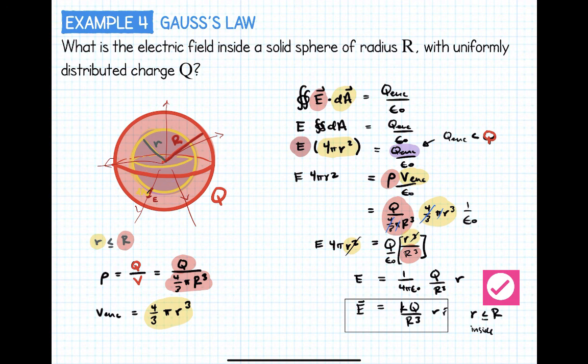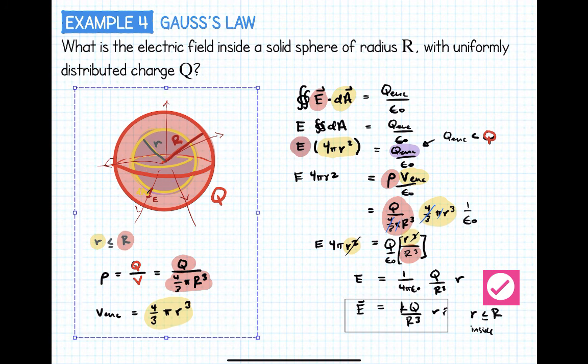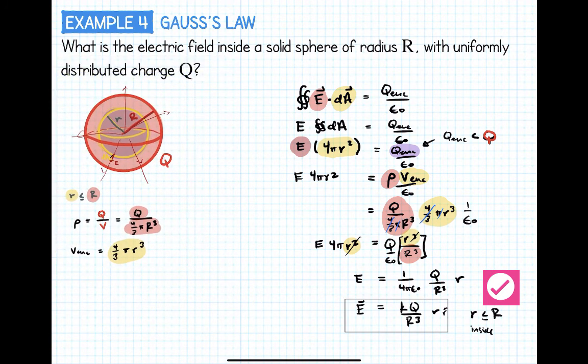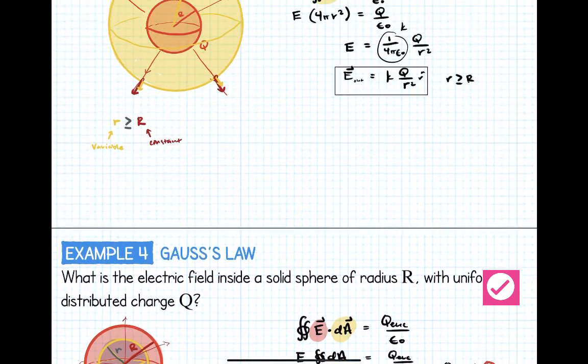The other thing I want to point out, and let me move some of this stuff over so we have a little more space, is if you want to look at the electric field in all space, so from 0 to infinity, we have inside now, and we also have outside that we got from our last time.